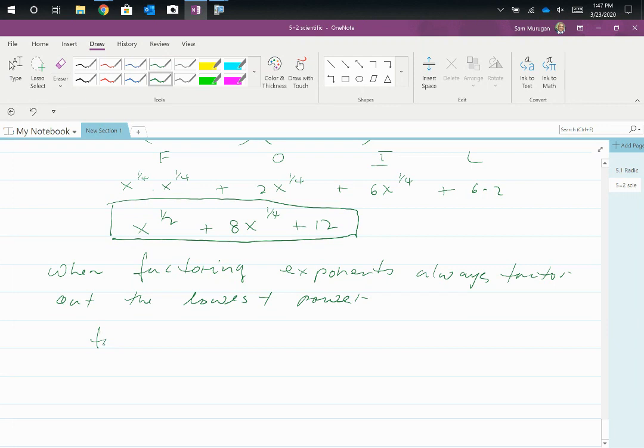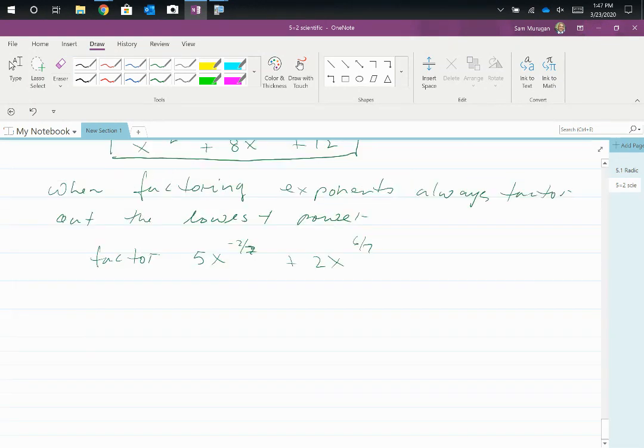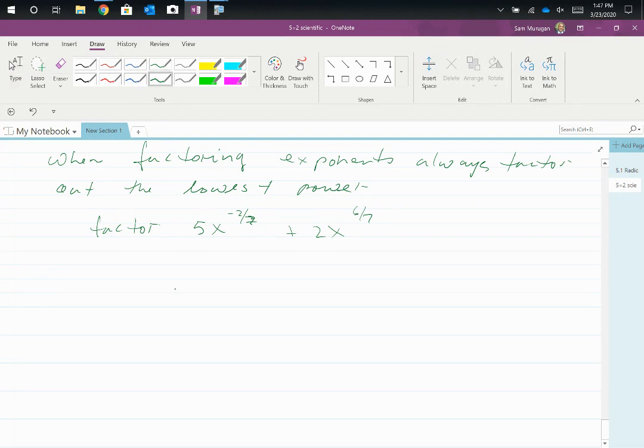So if I have to factor 5x to the power negative 2 over 7 plus 2x to the power 6 over 7, I can see that negative 2 over 7 is the lowest power, so factor out x to the power negative 2 over 7. So if I subtract x to the negative 2 over 7 from x to the negative 2 over 7, I'm just left with 5 for this one.